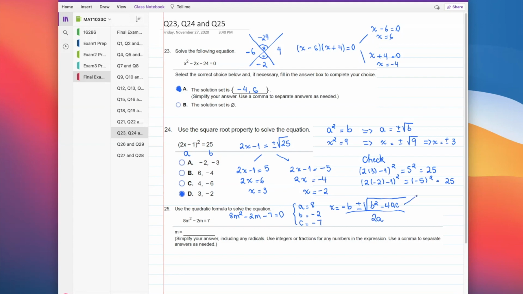And let me make it very clear here that this radicand, I use the delta symbol, represents the discriminant of this function.